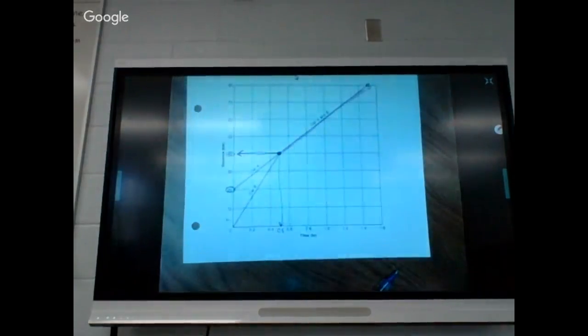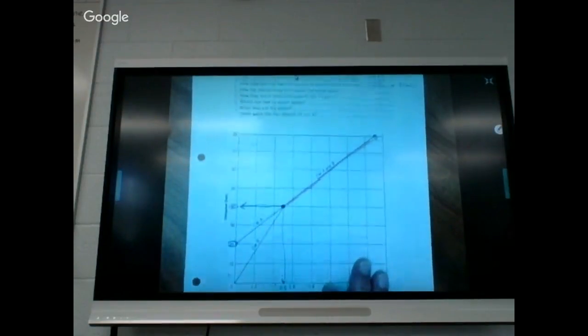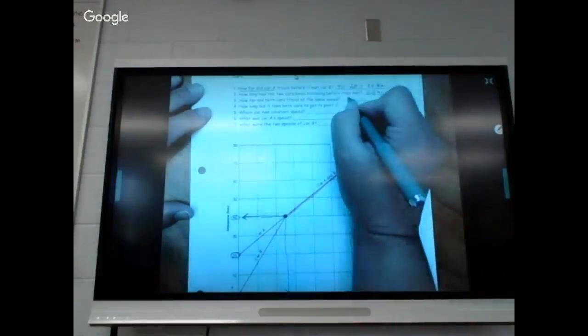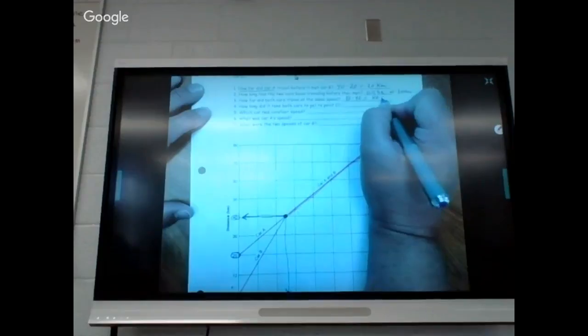Yeah. All right, so where did they start at? 40. And where did they end at? 80. So how far did they travel at the same speed? 80 minus 40 is 40 kilometers.